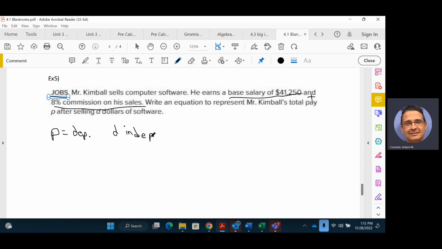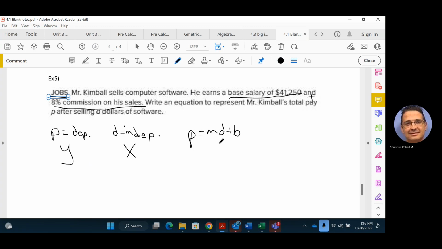So there's our identified variables and what they represent. Now we can start to write this equation. P equals M times D plus B. Remember, that's our X, that's our Y. Again, this is the X, this is the Y. They've just changed our variables on us. It's okay to do that.